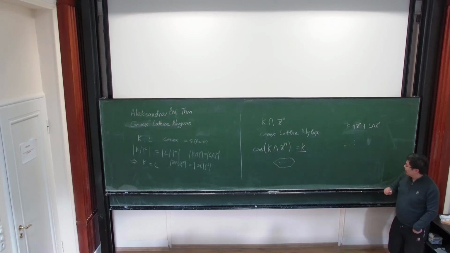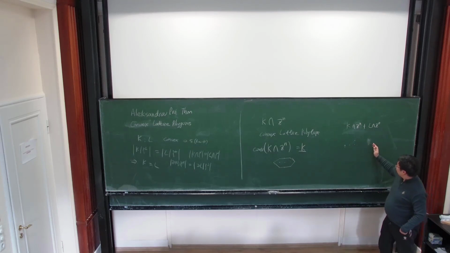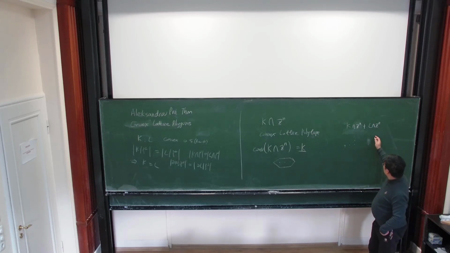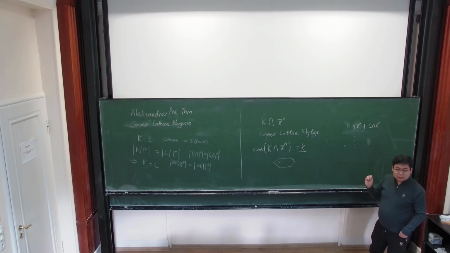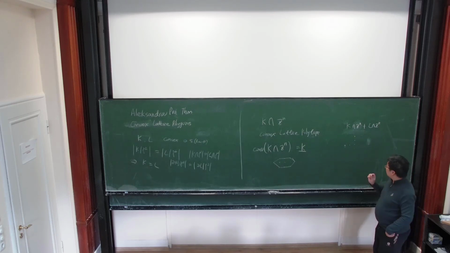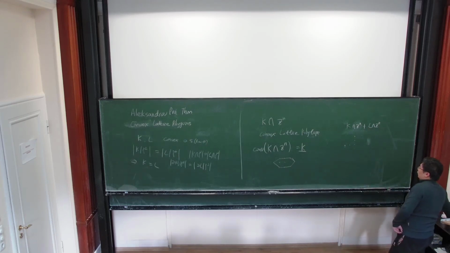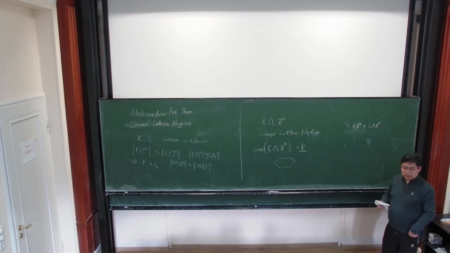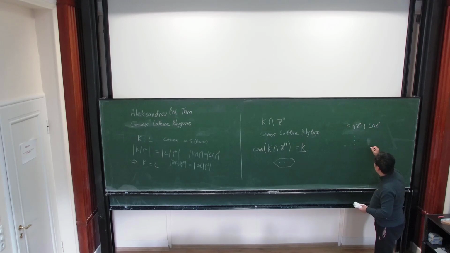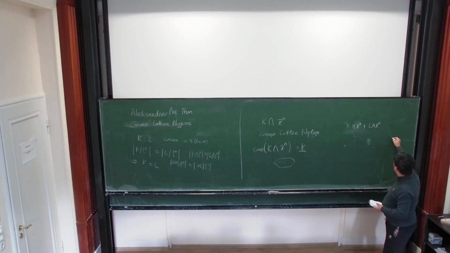So K and L are no longer symmetric. In general, they're not symmetric. Yeah, okay, sorry, I've got the point. It's something like it will give back some point.